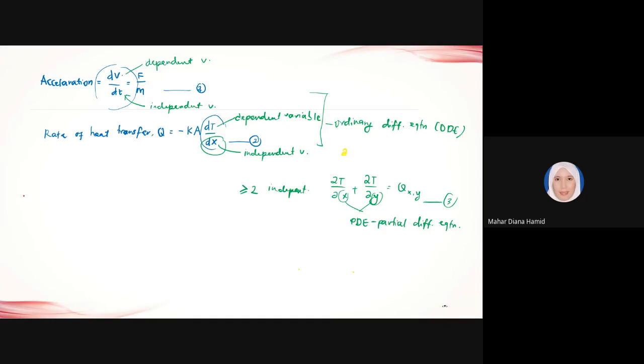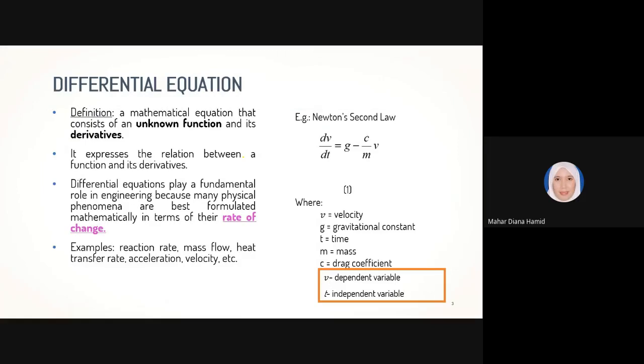And if you refer back to the examples of differential equations that we have, they are classified according to order. This is just a recap of what we have covered in the previous slide.